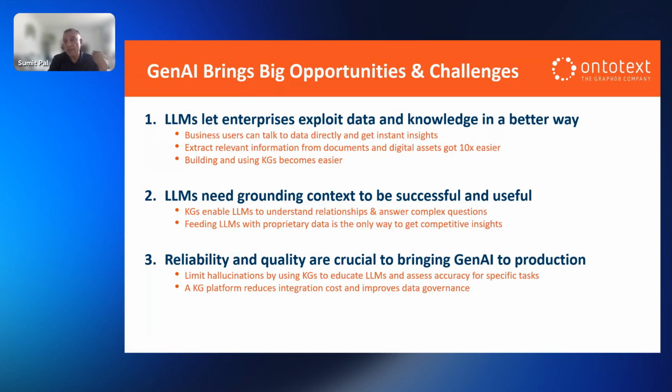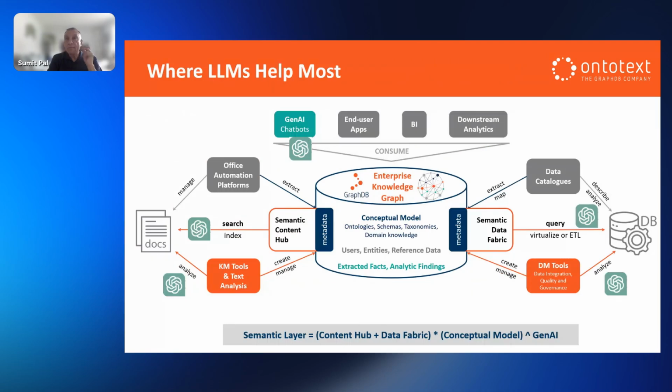through provenance and lineage. Now, we saw this particular diagram earlier, and this diagram now has additions of where an LLM can help in this overall scheme of things. We have a lot of POCs going on with different customers who are testing this out.